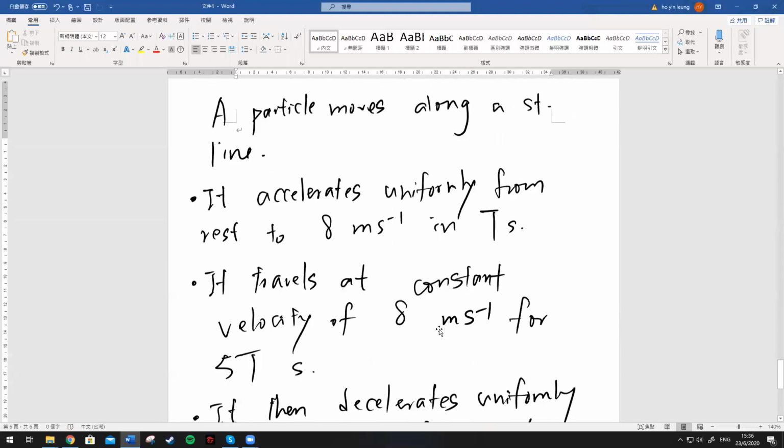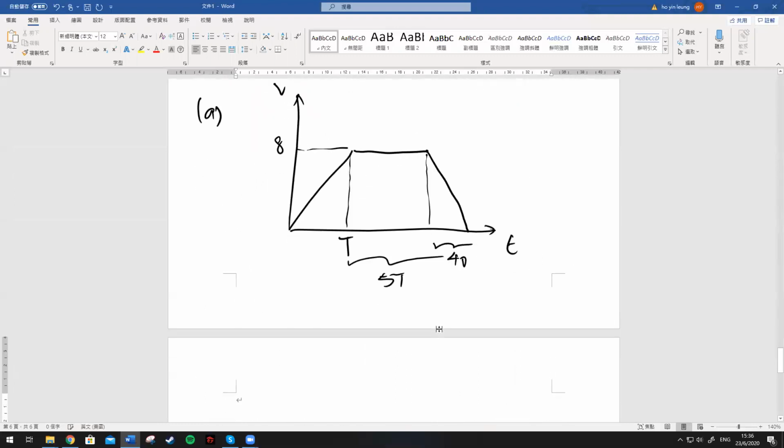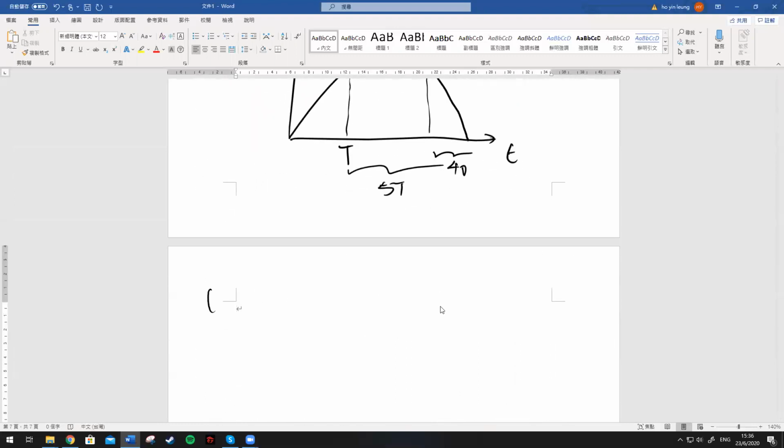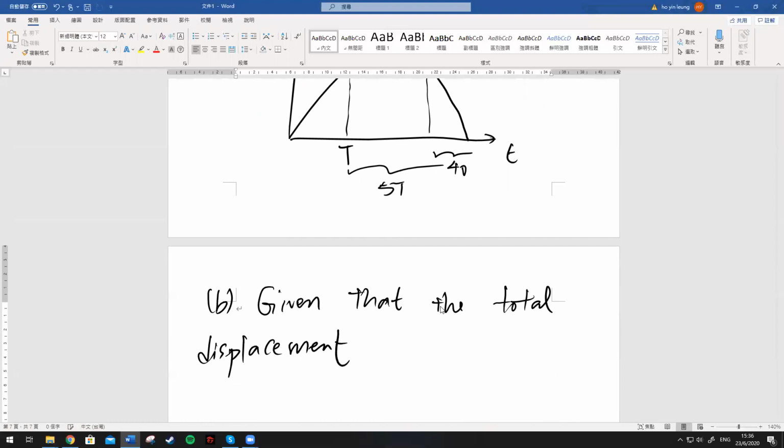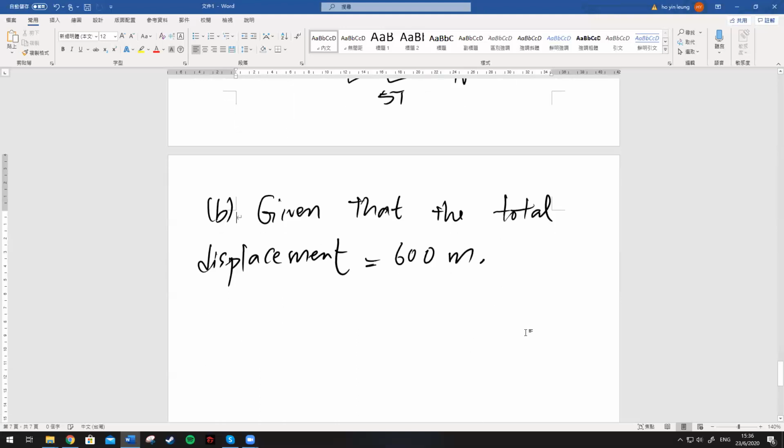Part B. It is given that the total displacement equals 600 meter. Here we want to find t.